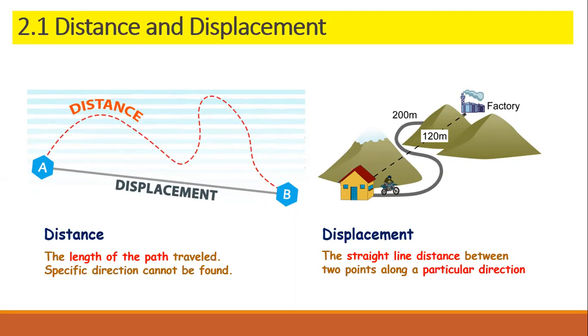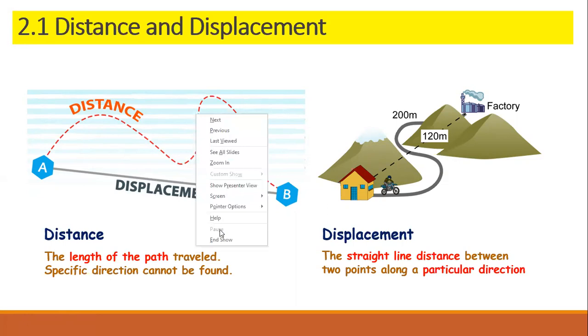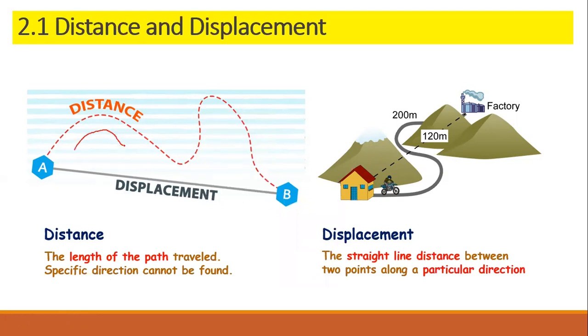As we consider distance and displacement like that, we can take displacement as the shortest distance between 2 points. When we consider this A and B, this is the distance traveled along like this.